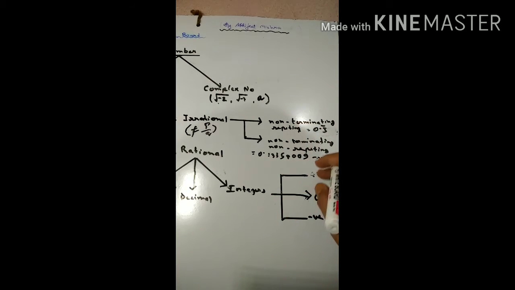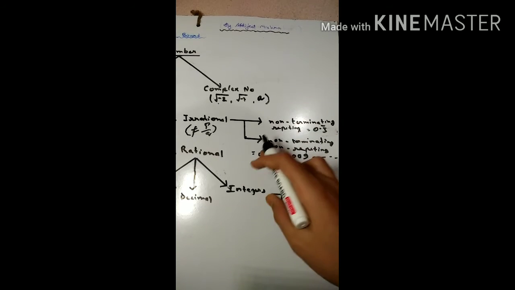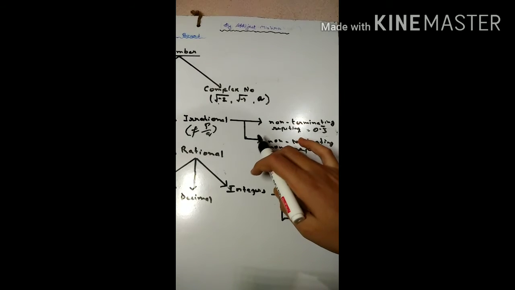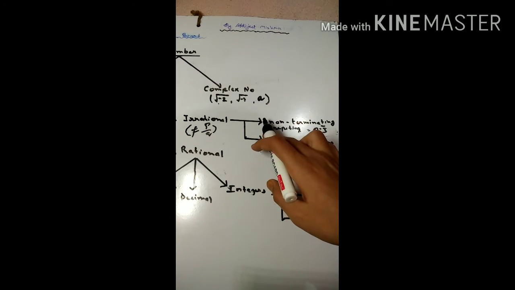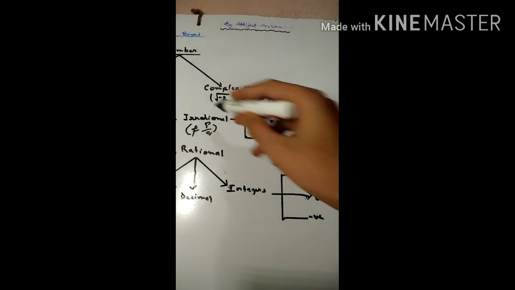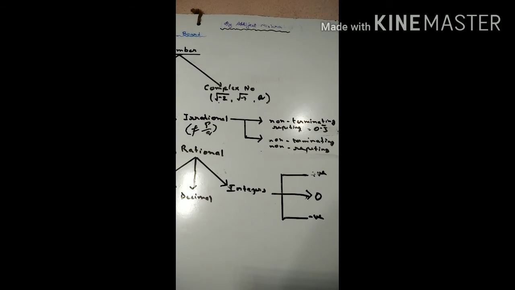Such a number is called a non-terminating, non-repeating irrational number. So we have understood the classification of irrational numbers. Don't worry if the concept is not very clear, in the next lecture we will see some solved examples based on irrational numbers.